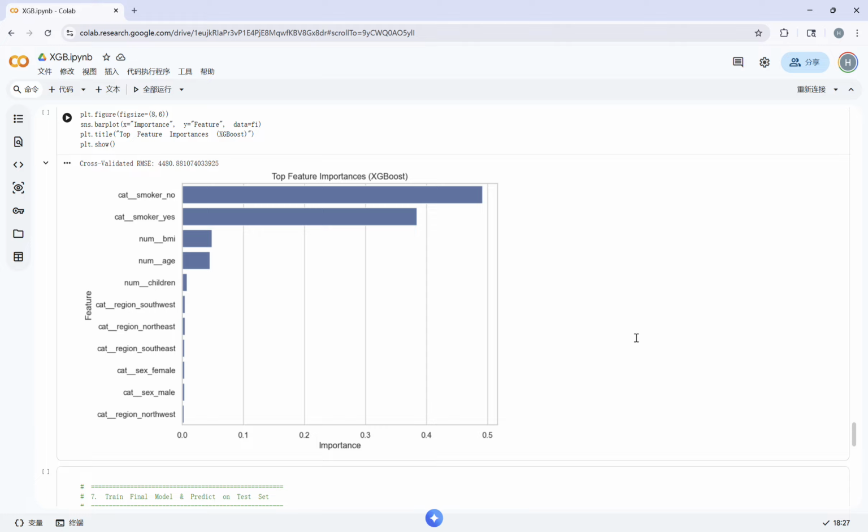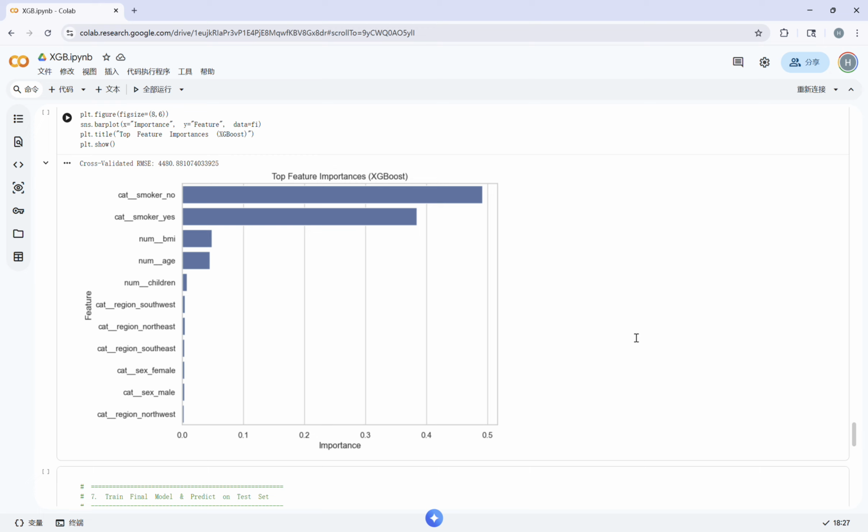This consistency across examples further supports that the model behaves in a realistic and interpretable way.